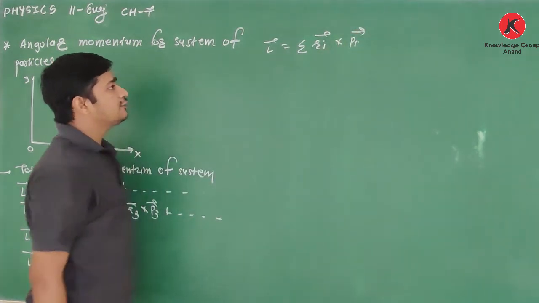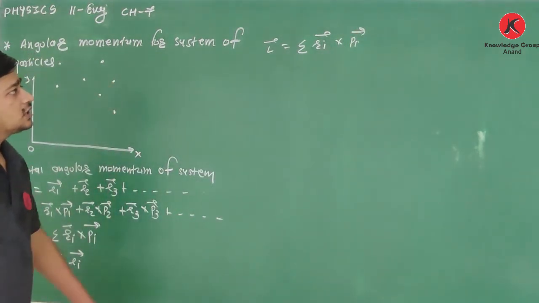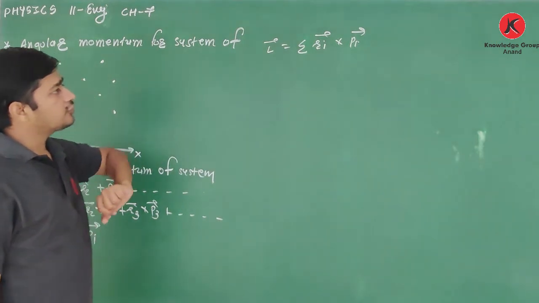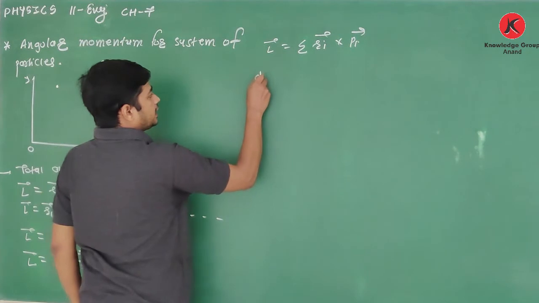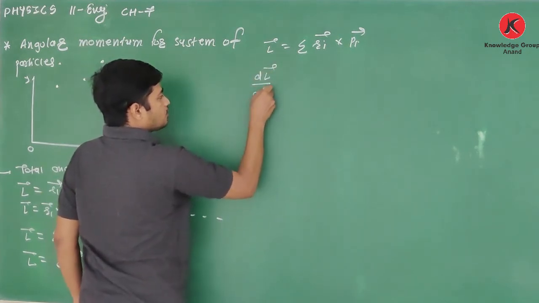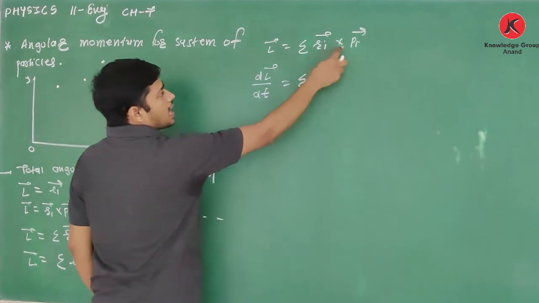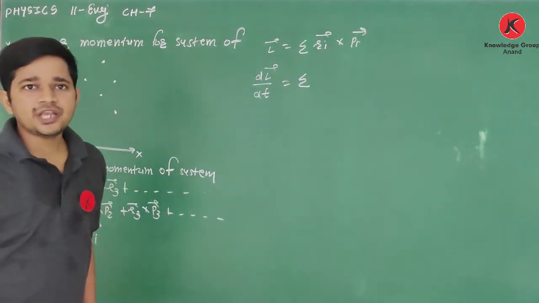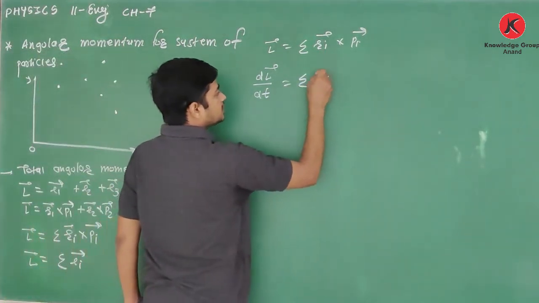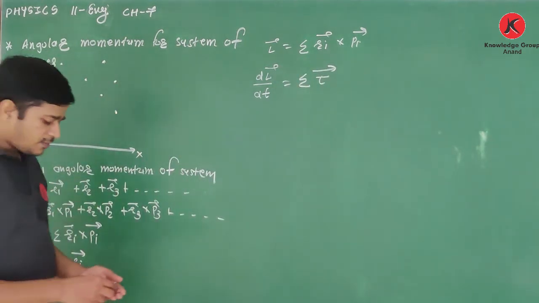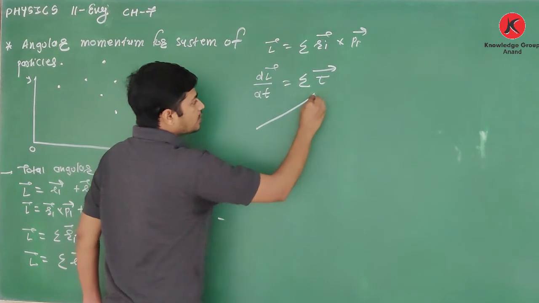Now see this equation, L is equal to sigma ri cross pi. If I take the differentiation of this equation, that is dL/dt, obviously what I will get is sigma ri cross dpi/dt. We have obtained its relation, and that is nothing but sigma tau. Now what is sigma tau?